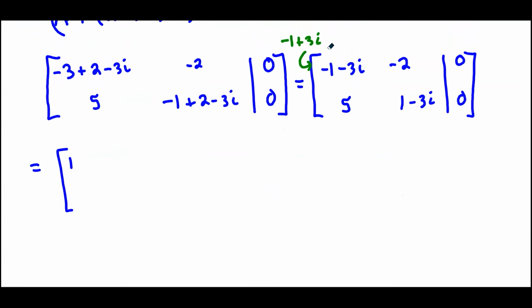And 3i times -3i, that's going to be -9i squared, but i squared is -1. That's going to cancel out with this negative sign, so it's going to be +9. And then I've got -2 times -1 plus 3i. I didn't change the second row.